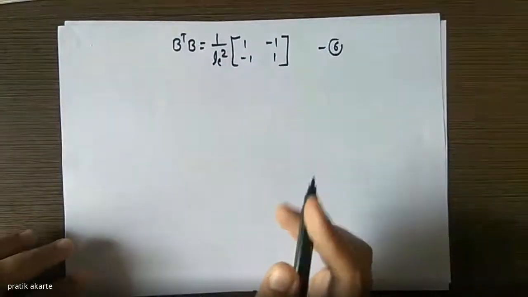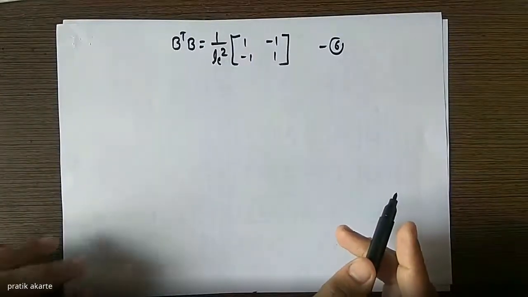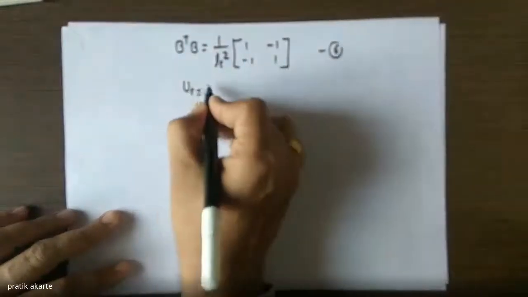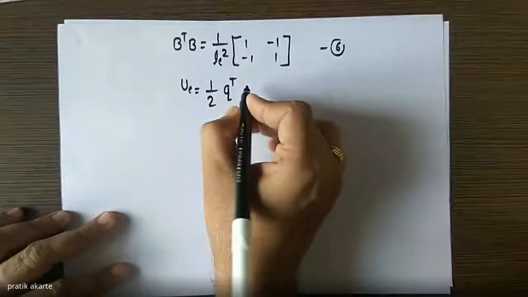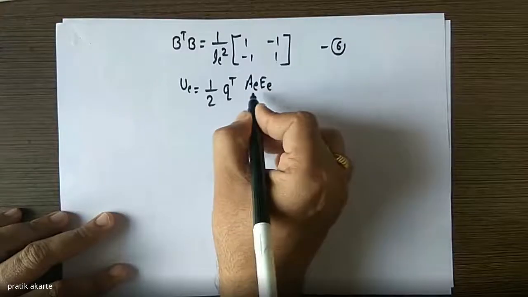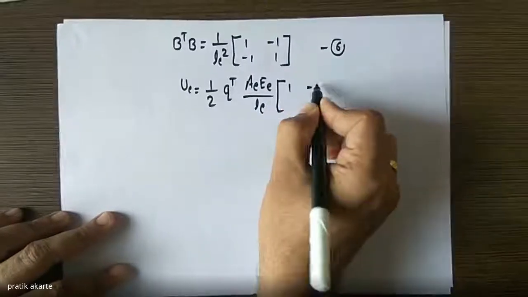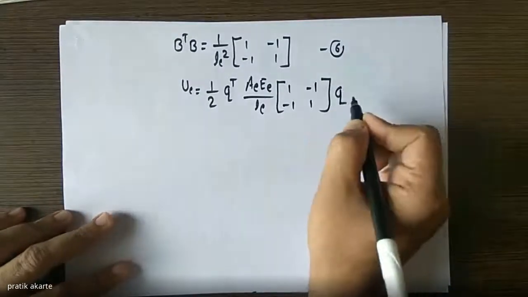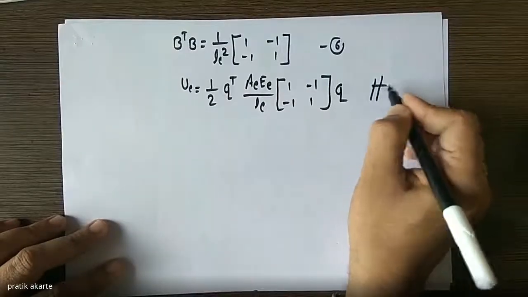And from equation number 5 and equation number 6, I can write Ue as half of q transpose A E, Ee upon Le, 1 minus 1, minus 1, 1 into q. Okay, so this is an important one.